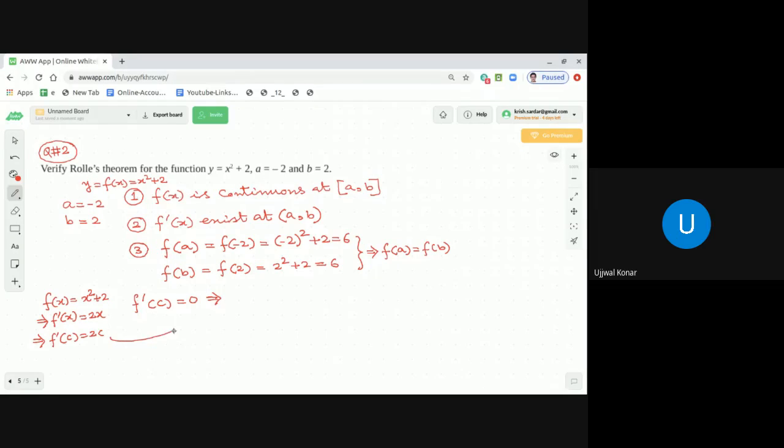So now, if f dash c is equal to 0, that means 2c is equal to 0. That means c is equal to 0, and definitely 0 is between the open interval minus 2 to 2. So we are able to verify Rolle's theorem for the function y equal to x square plus 2 defined over the interval minus 2 to 2.